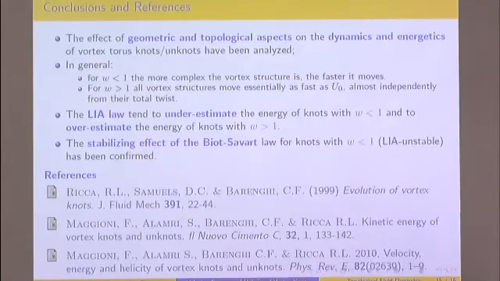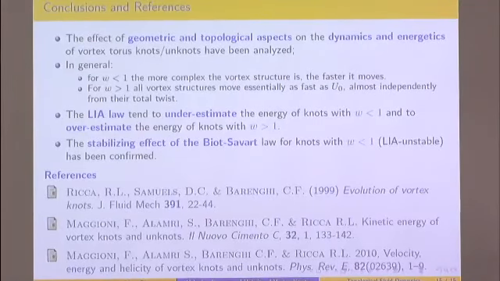In the other case, for a winding number greater than 1, all the vortex structures have a velocity close to the velocity of a standard circle solution, almost independently of their total twist. So the total twist is an element of second-order importance.